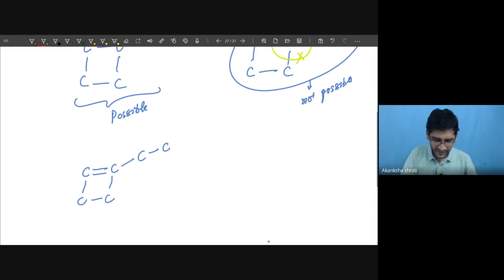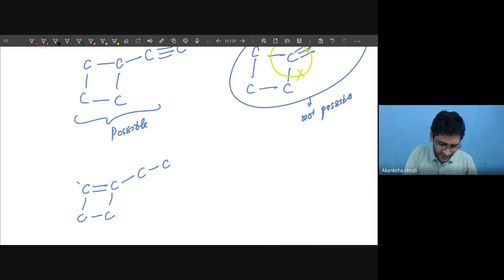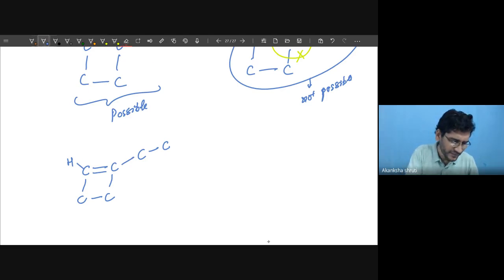What about the others? The others are satisfied by hydrogen. So 1, 2, 3, 4. Only one hydrogen will be at this carbon, so I had kept only one hydrogen. But for the other carbon, two hydrogens can be kept.